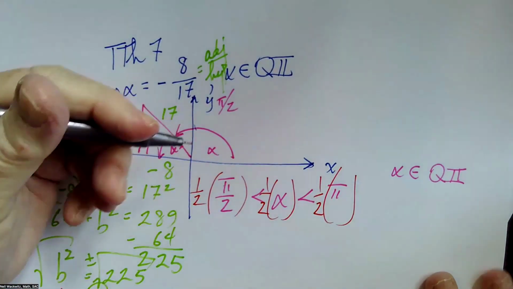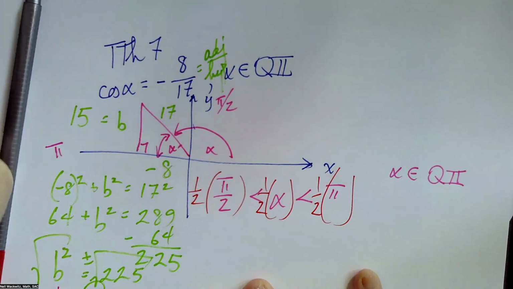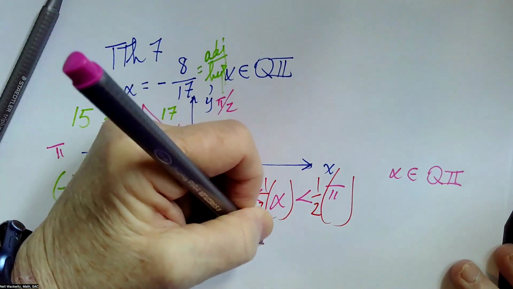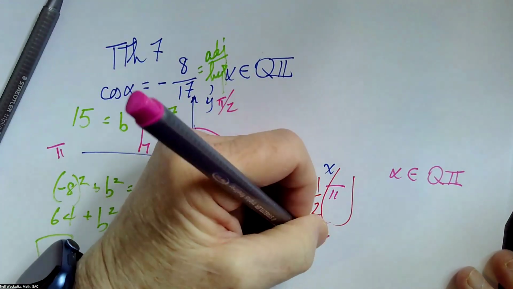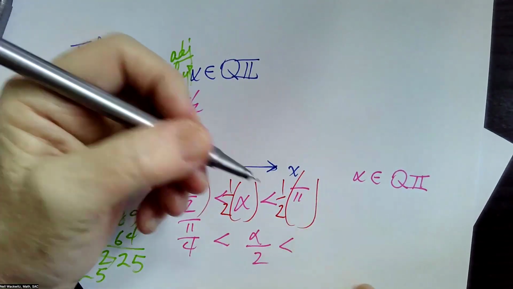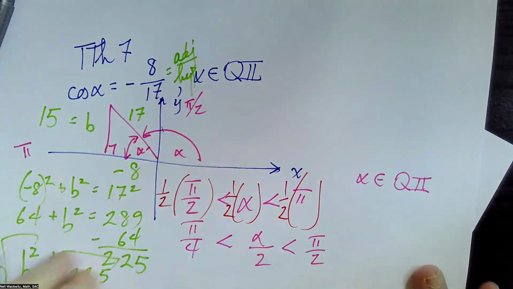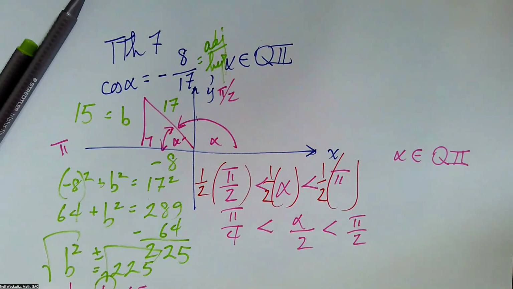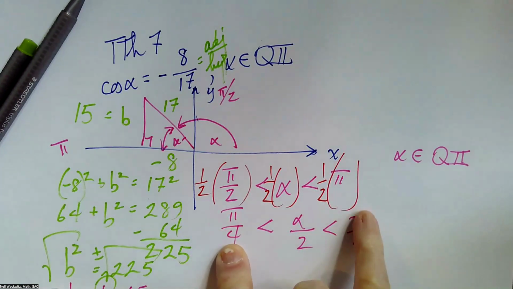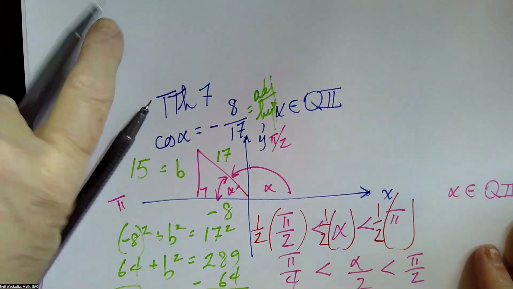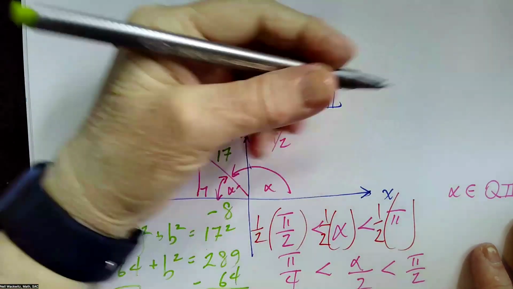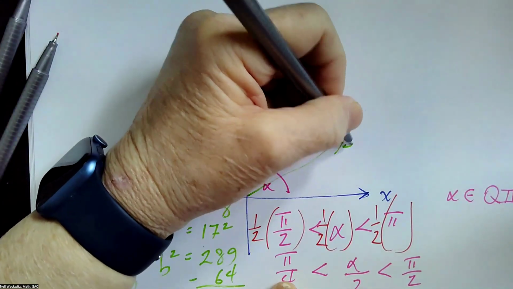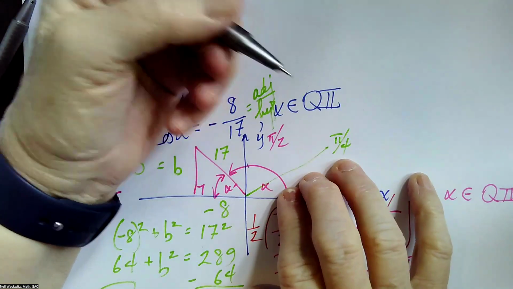So I get that alpha over 2 is between pi over 4 and pi over 2. So what quadrant does alpha over 2 live in? We can just draw it. Pi over 4 is midway in quadrant 1.